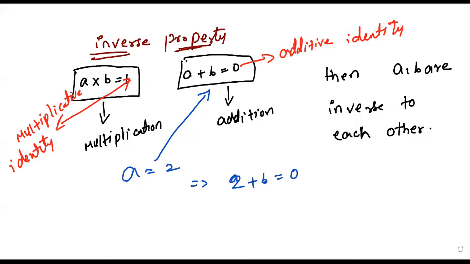So 2 plus B is equal to 0, then what is the possible B value to get this additive identity? That is nothing but B is equal to -2.